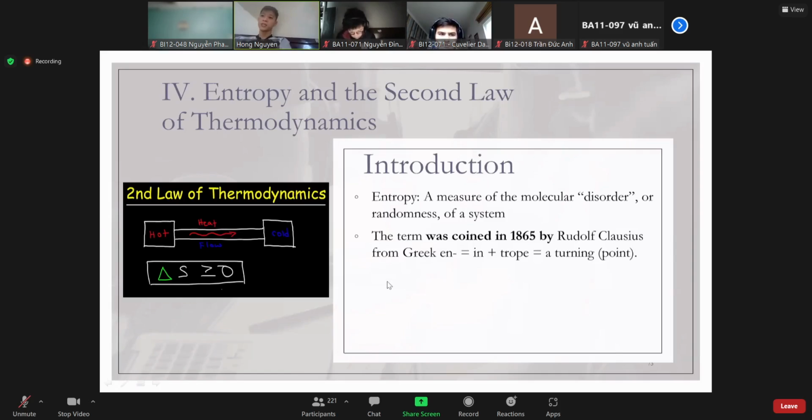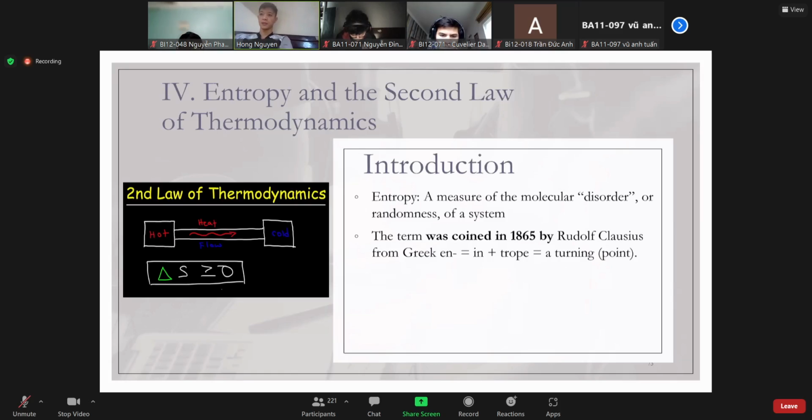This term was actually first stated in 1865 by Clausius, and the meaning was initiated from the Greek language with an equal to in. Entropy is actually a turning point. So this is the point where we turn something.